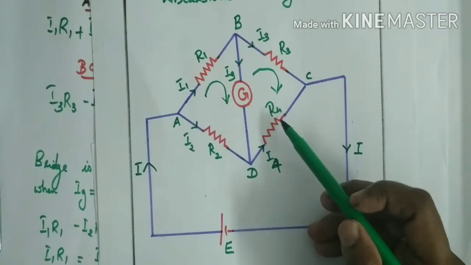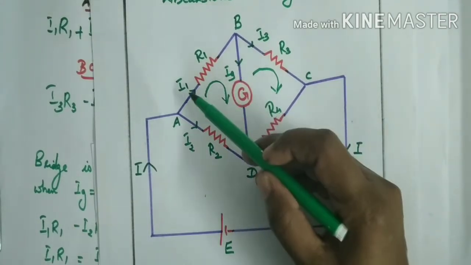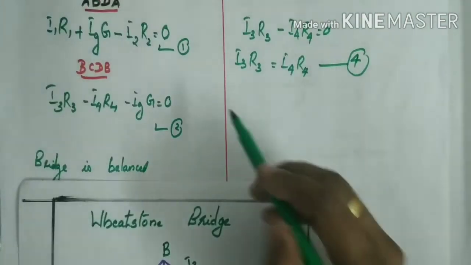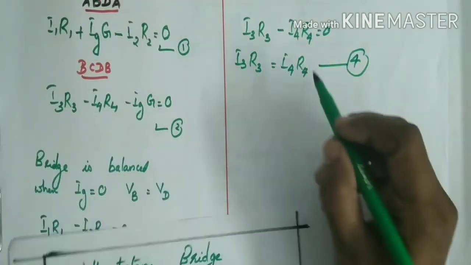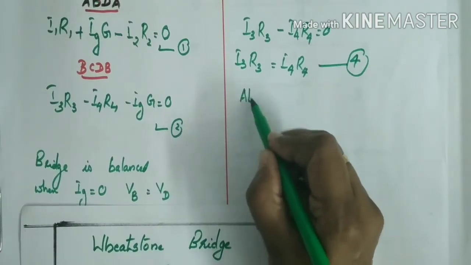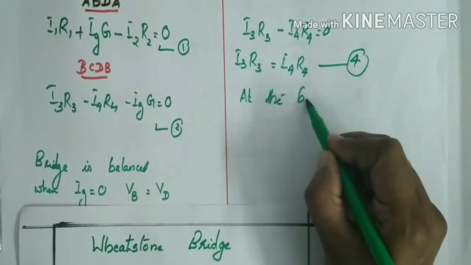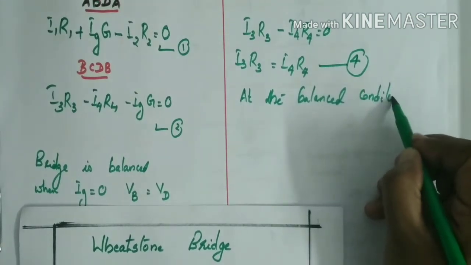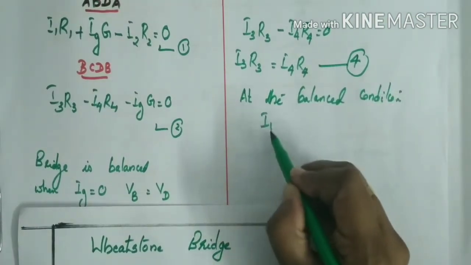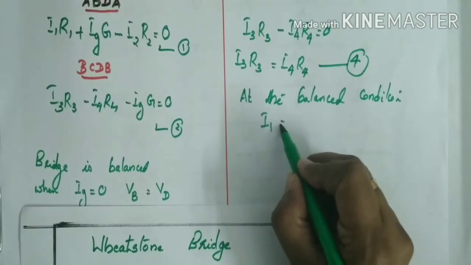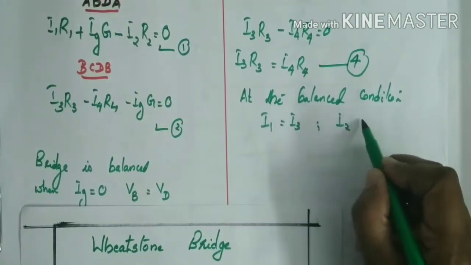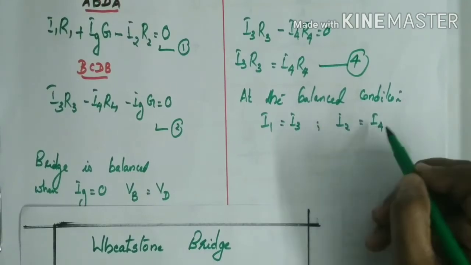So, at the balanced condition of the bridge, I1 and I3 are equal, and similarly, I2 and I4 are equal.